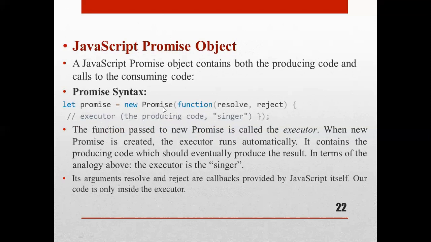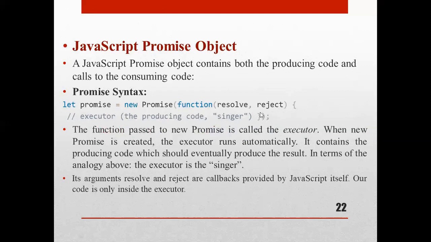When the new promise is created, the executor runs automatically. It contains the producing code, which should eventually produce the result. In terms of our analogy, the executor is the singer.